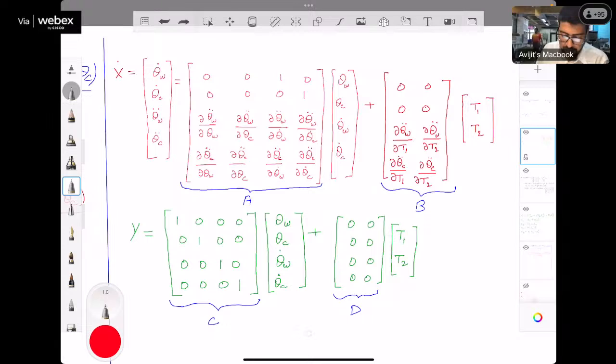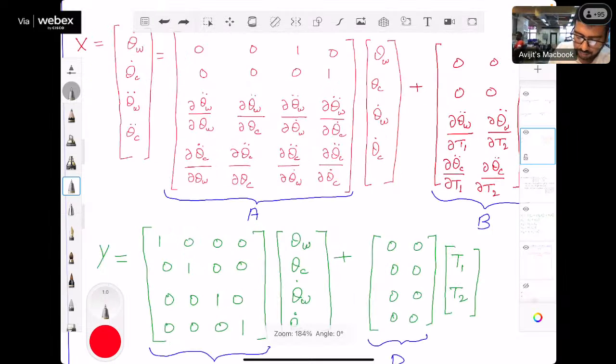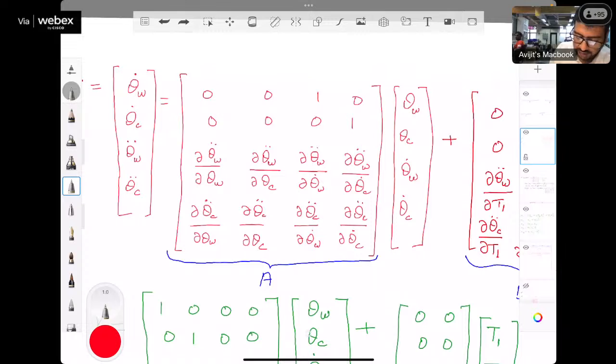These matrices will be our A and B matrices, A, B, C, and D. So if we look at this, while taking Jacobians, we are doing partial differentiation of theta w double dot and theta c double dot with respect to the states.